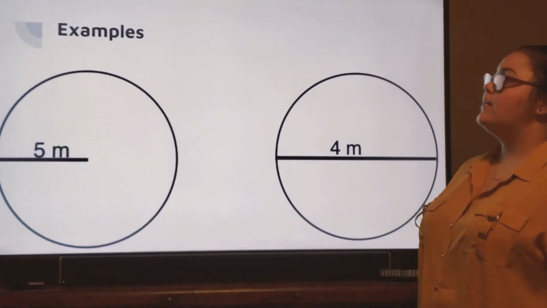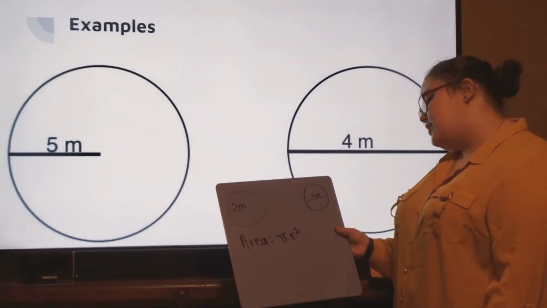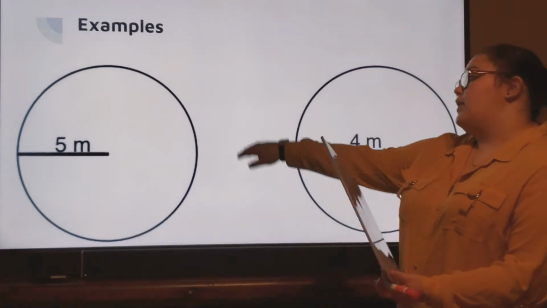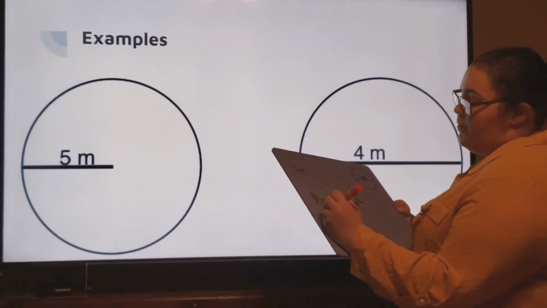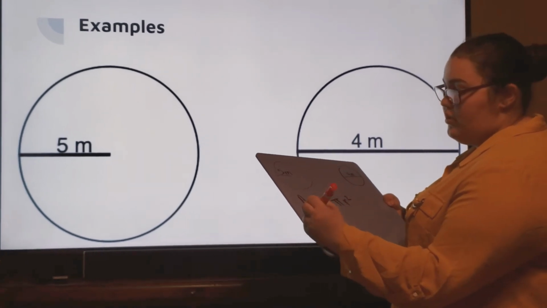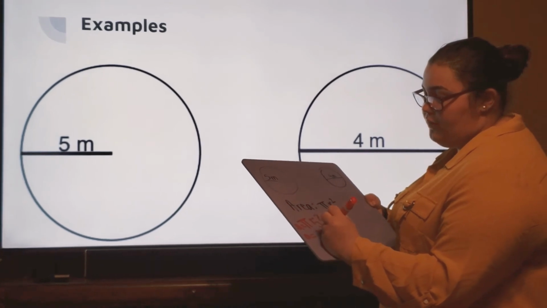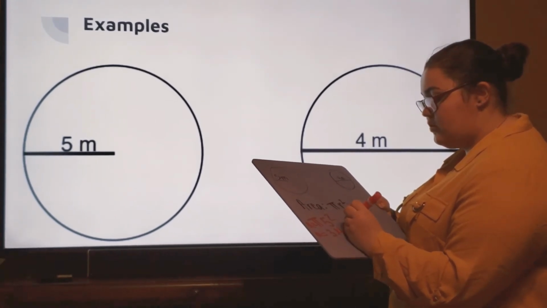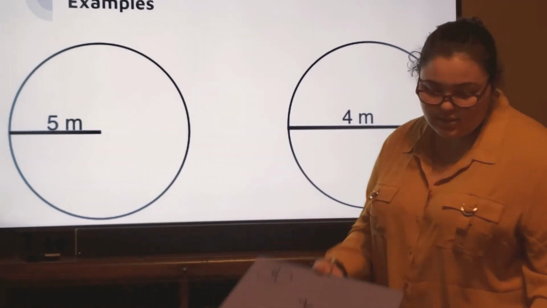Okay, so the last thing we're going to discuss was the area of the circle. Area is pi r squared. So if we're looking at this circle, the radius was 5, so it would be pi times 5 squared. So area equals 3.14 times 5 squared, and you put it into the calculator just like that.